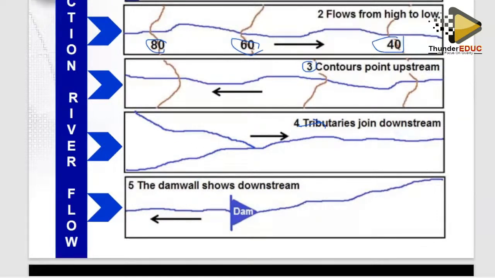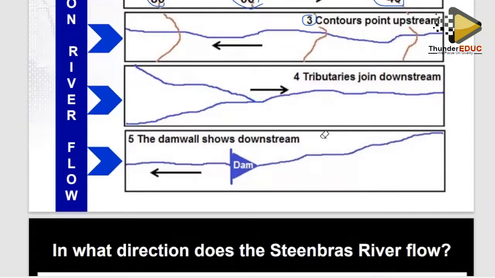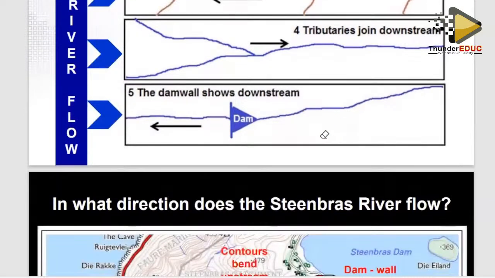Right, the other indication is that of when there's a dam. For us to figure out where the stream is going, we check the dam wall and where the water is accumulating. Definitely water accumulates before the dam wall. The dam wall will act as a blockade to the flow of water, and the water will accumulate upstream.